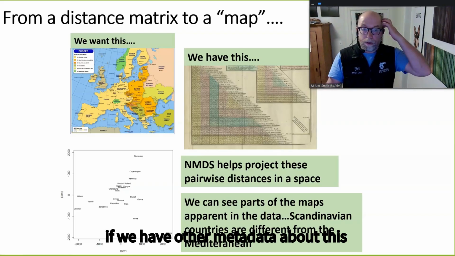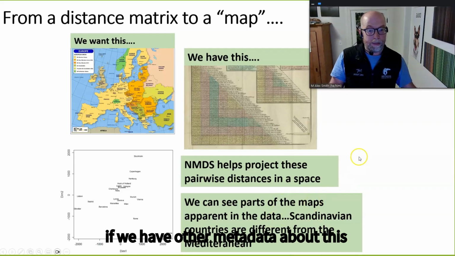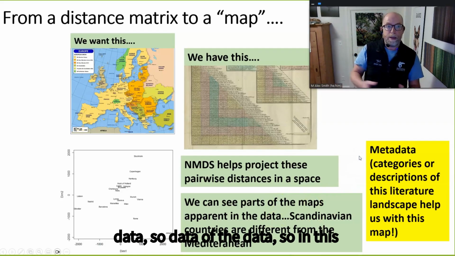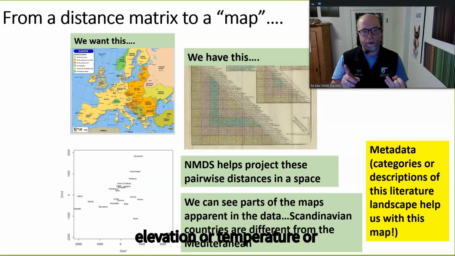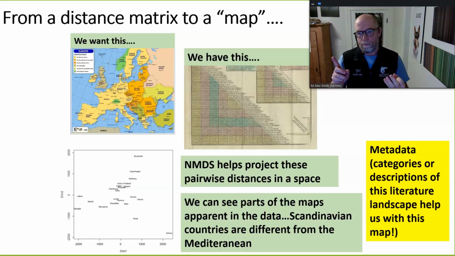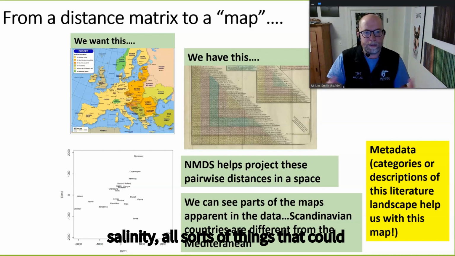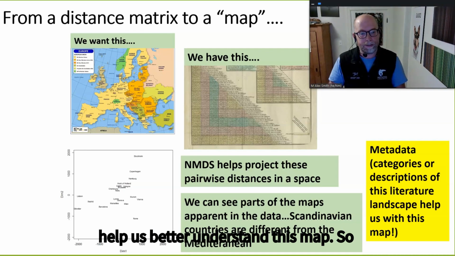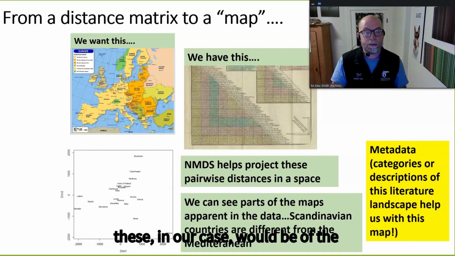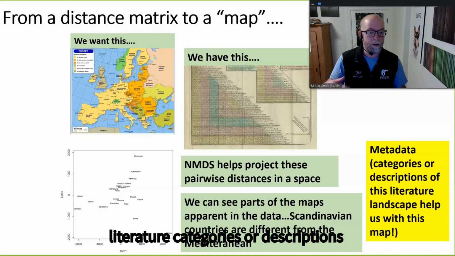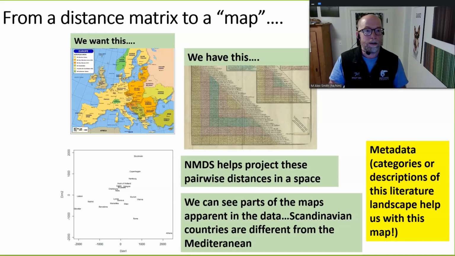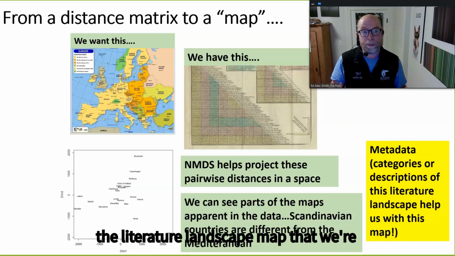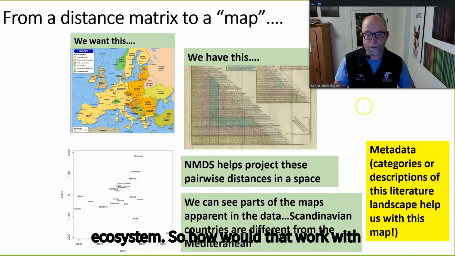And if we have other metadata about this data, data of the data, in this case it might be elevation or temperature or salinity, or all sorts of things that could help us better understand this map. In our case, these would be categories or descriptions of the literature that help us create and understand the literature landscape map that we're trying to create of the manufactured ecosystem.